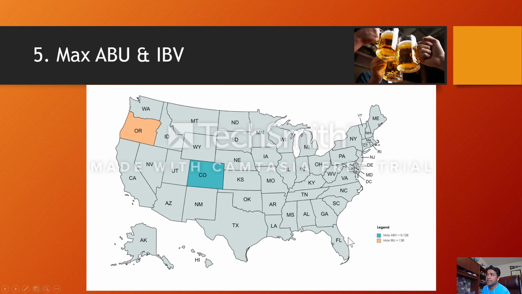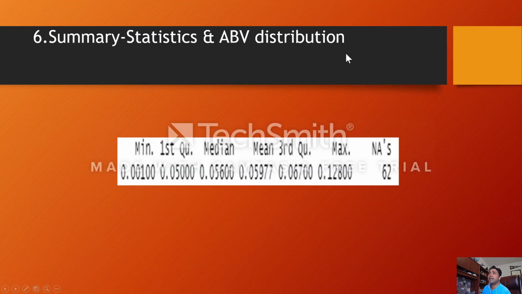Okay, so this slide is showing where the maximum alcohol content fell, and no surprise, it went to Colorado at 12.8% alcohol content, whereas Oregon had 138 as the IBU value, and Oregon has the most bitter beer. Okay, next slide.